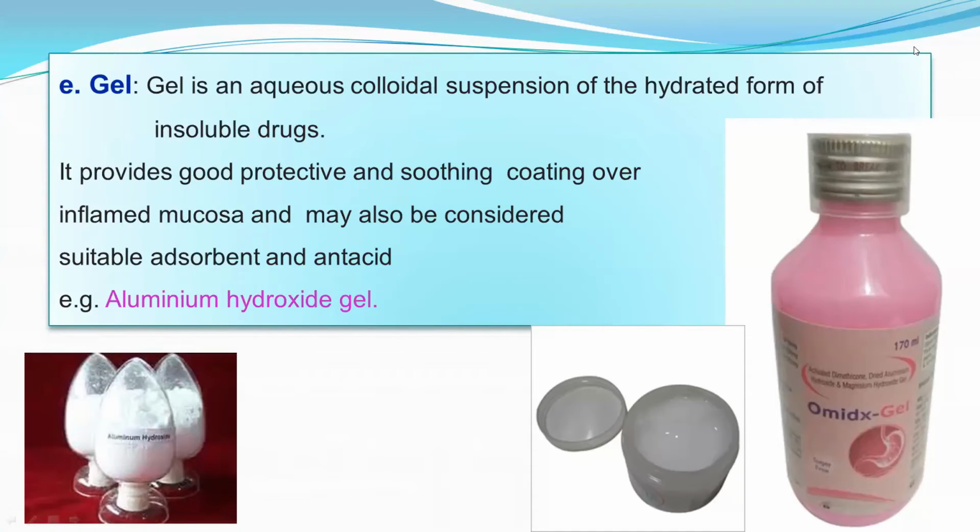Whenever ulcers or erosions are present in the stomach, these antacids are used to prevent further damage and to nullify the effect of gastric hydrochloric acid, such as aluminum hydroxide gel. Thousands of such preparations are available in the market. That is the gel.